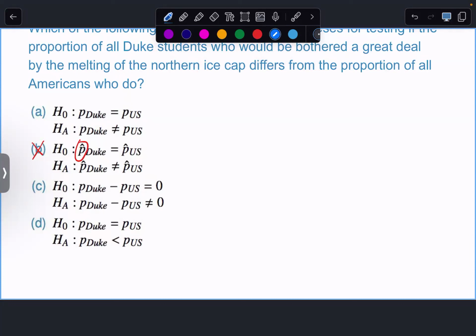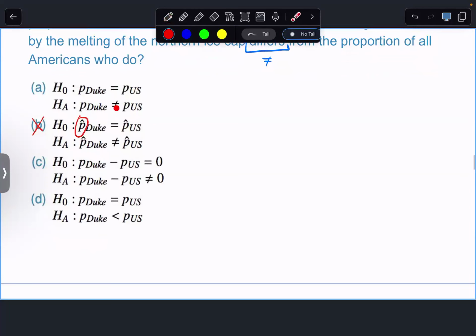I also want to know if it differs from the proportion of Americans. So that means in my alternative hypothesis, I have to have a not equal to sign, right? And so when I look at these, I've got a not equal to, I've got a not equal to, just rearranged. We've already seen this, so no surprise.